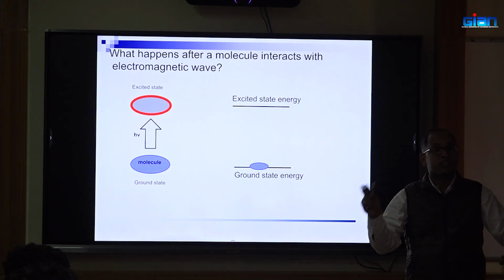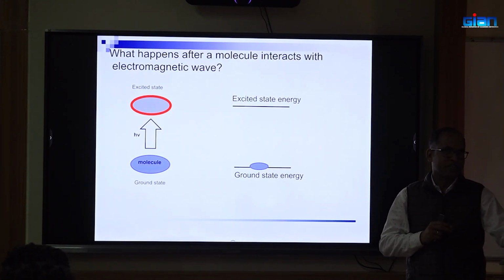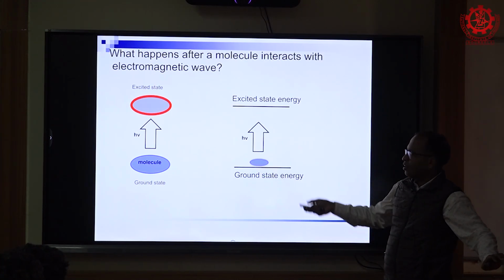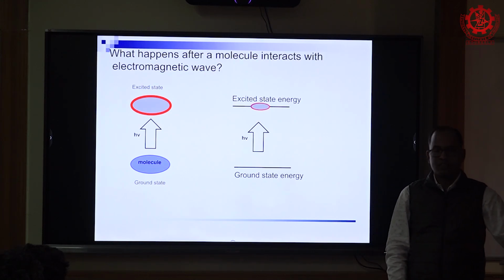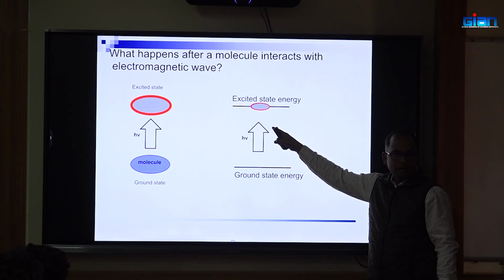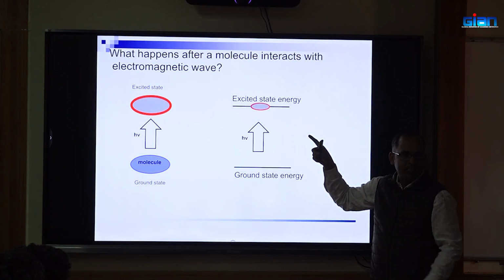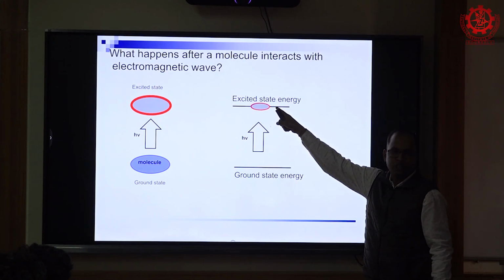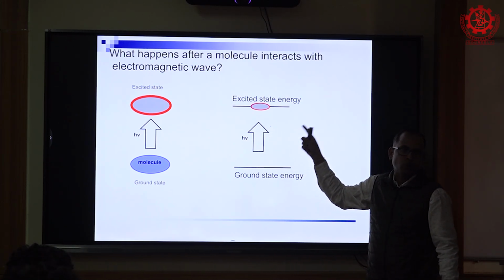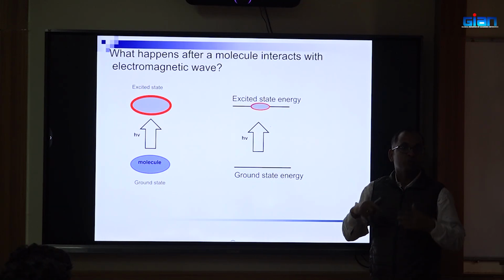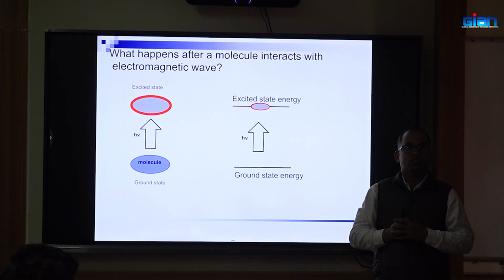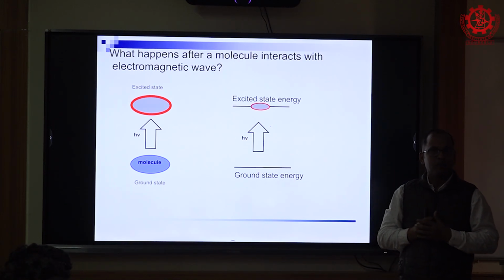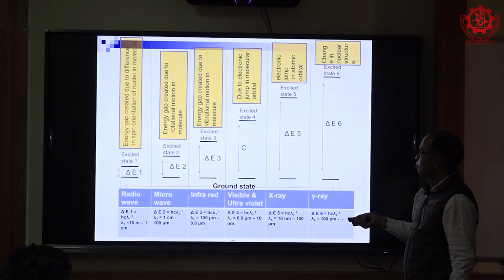When we give energy, for example infrared, the molecule goes from the ground state to an excited state by absorbing this energy. We then study what energy was absorbed and how much. That gives you the spectrum, and that spectrum is analyzed.